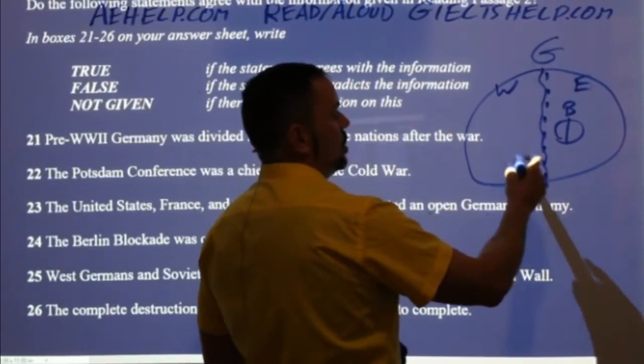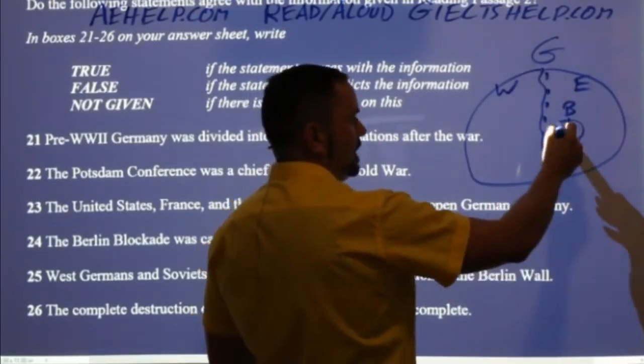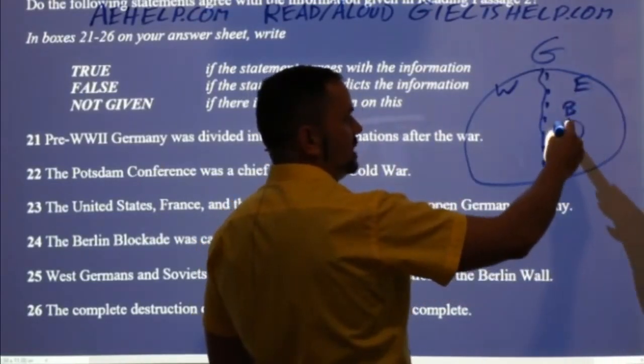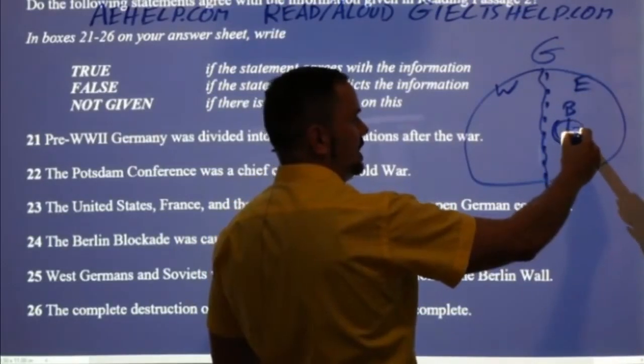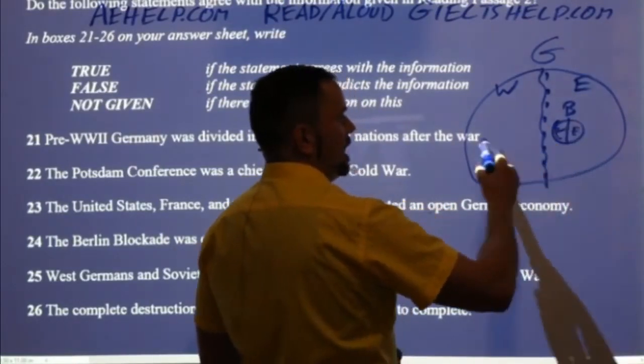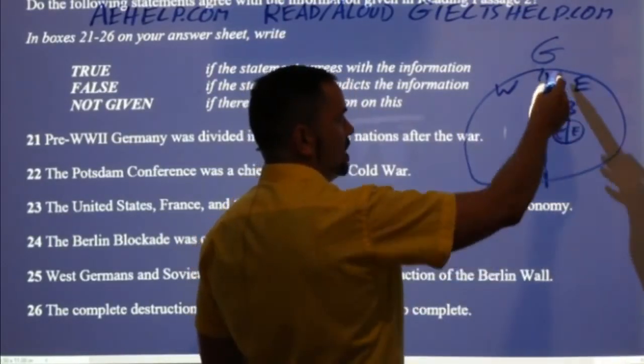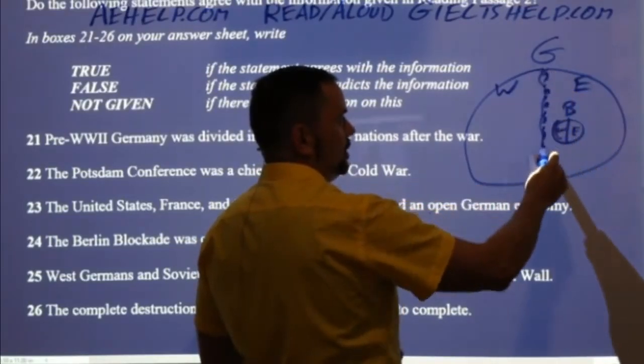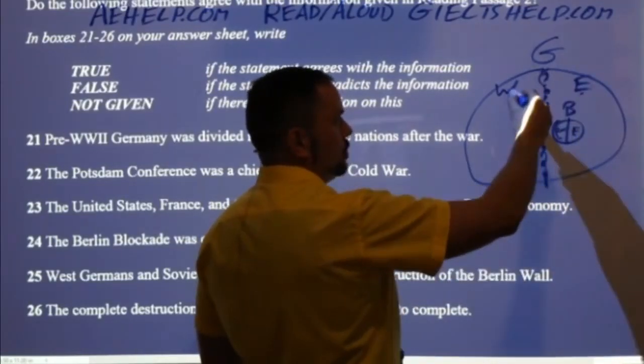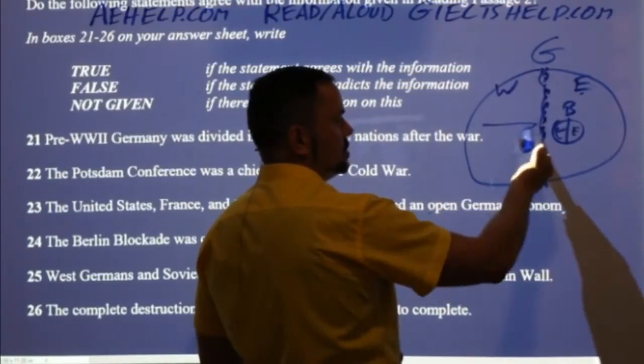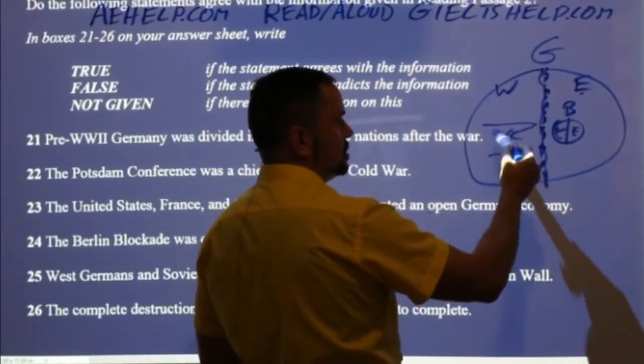Okay. So what happened was Berlin is in East Germany, and it's divided into two parts, into East and West. And what happened was, because the Soviets controlled this division here between East and West, they created a blockade so that the American supplies couldn't go through.